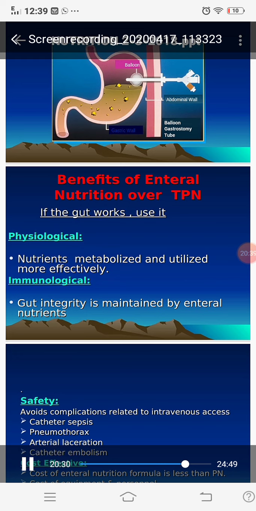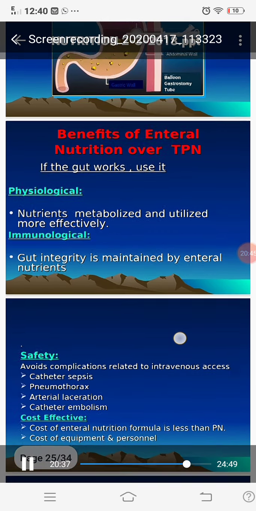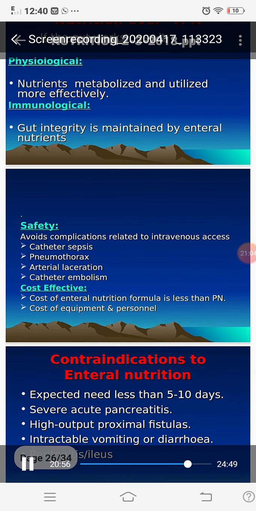Avoid complications related to intravenous access. When you pass the cannula or catheter, there are chances of catheter sepsis. If you use the main vessels in the neck, there are chances of pneumothorax. You can damage the apex of the lungs, then arterial lacerations, then catheter embolization or thrombosis. Cost effective. Cost of enteral formula is less than parenteral nutrition. Cost of equipment and personnel is also less.